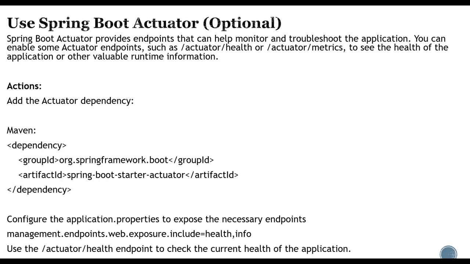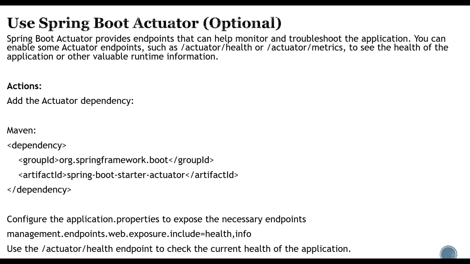Now there is the actuator, which is not mandatory but good to have, and it gives you endpoints where you can monitor and troubleshoot your application. There are certain endpoints that give you health-related information, metrics, the overall health of your application, and a lot of runtime information.